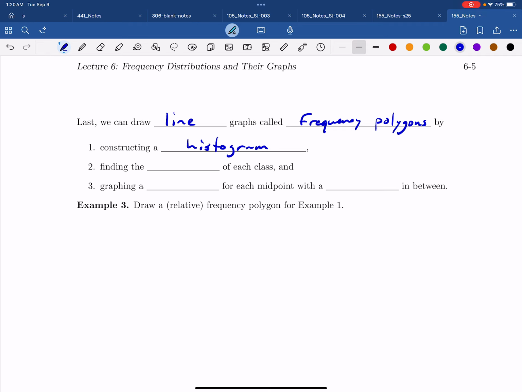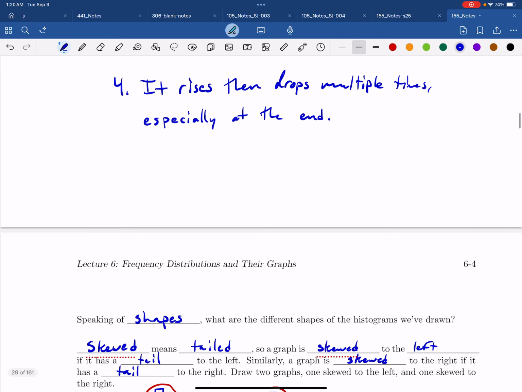We construct a histogram, find the midpoint of each class, and then graph a point or a dot for each midpoint with a line in between. So, just an example.